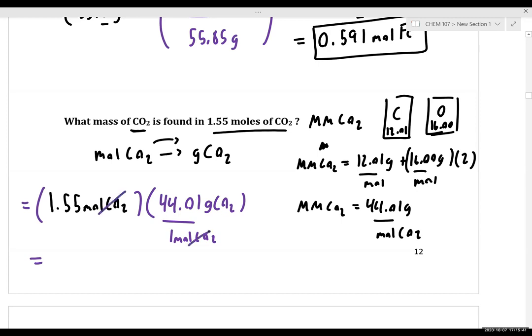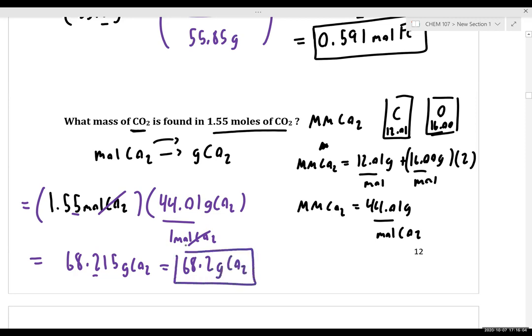The units of moles cancel. And now punching this into our calculator, we in turn get 68.215 grams of carbon dioxide that we round to 68.2 grams of carbon dioxide.